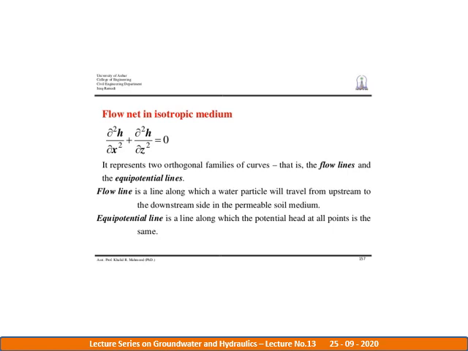In this permeable soil medium, an equipotential line is the line along which potential head at all points is the same. What happens for the different hydraulic pressure? There, hydraulic conductivity is the physical property which measures the ability of the material to transmit fluid through pore spaces and fractures in the presence of an applied hydraulic gradient.